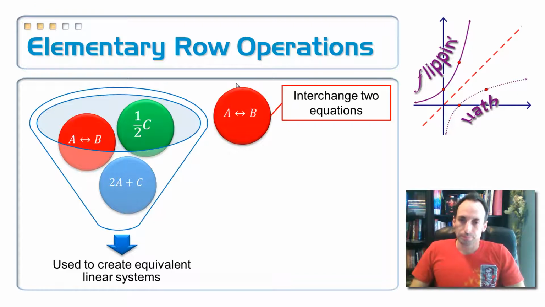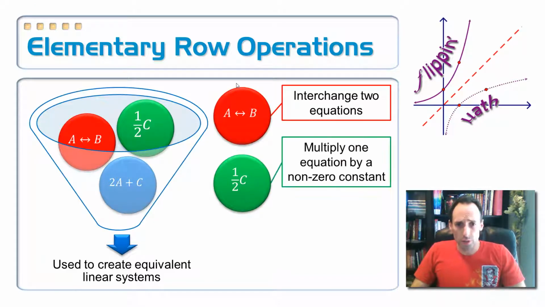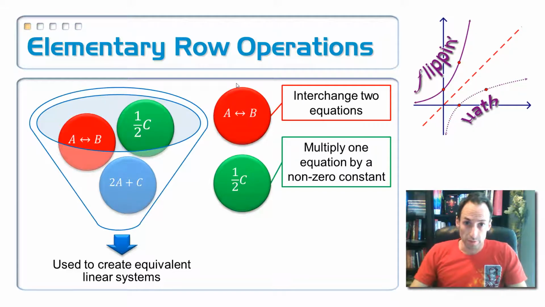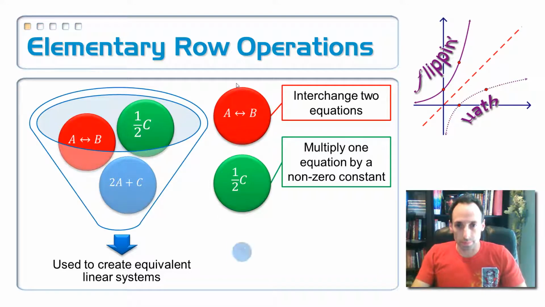Okay. The next thing that I could do is I can multiply any one of my equations by a non-zero constant. Like if I have an equation and I divide everything by 2, then I still have an equivalent equation. I would still have the same answer. It's just that the numbers have changed. It's equivalent.